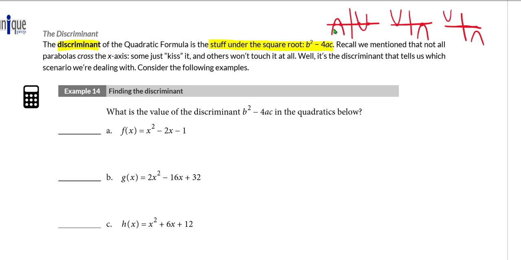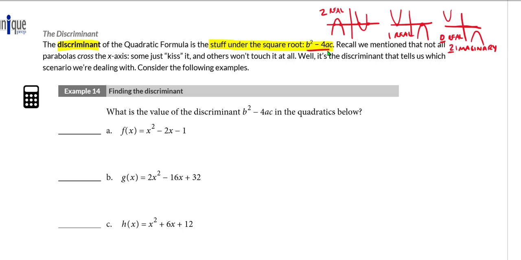And how many times the parabola touches the x-axis will correspond to how many real zeros the parabola has. This is 2 real zeros, this is 1 real zero, and then over here on the right we have no real zeros but 2 imaginary. All quadratics do have 2 roots or 2 solutions, so if you have no real, you must have 2 imaginary.